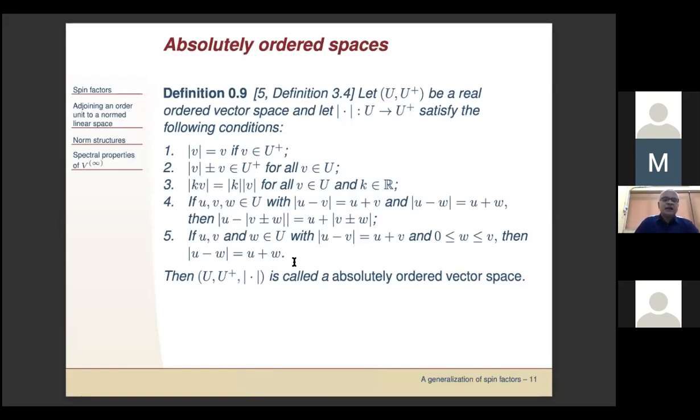And that's why I call this setup an absolute order vector space.